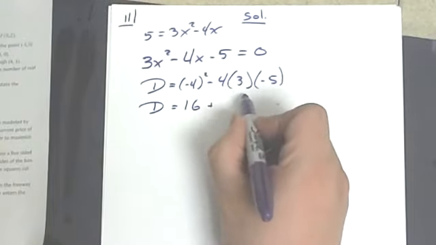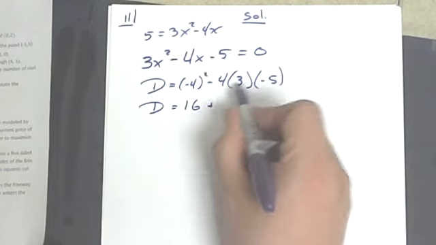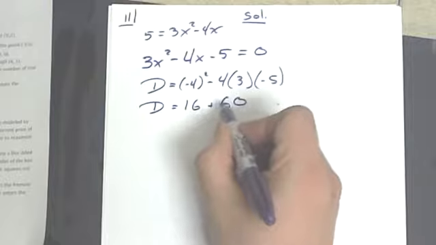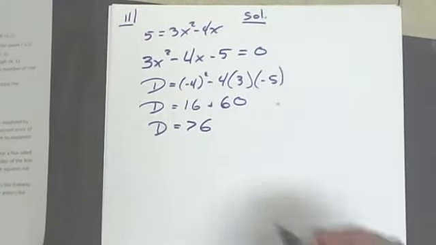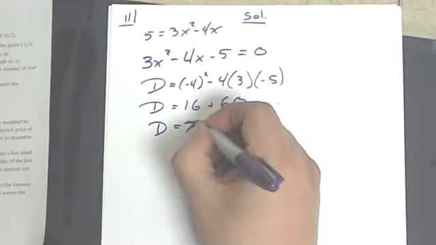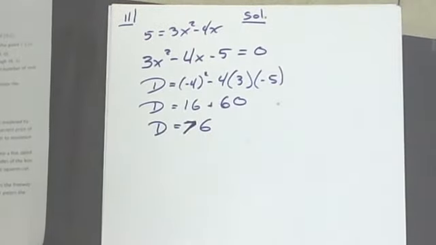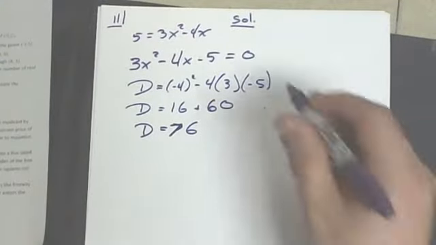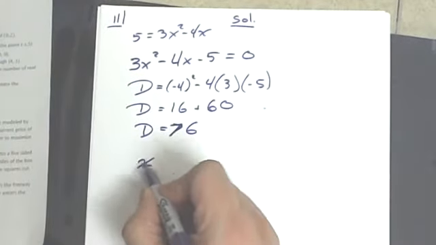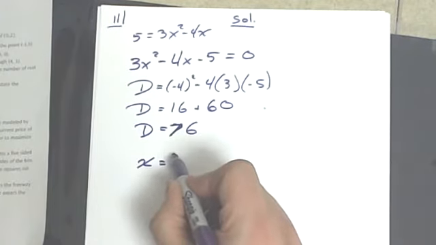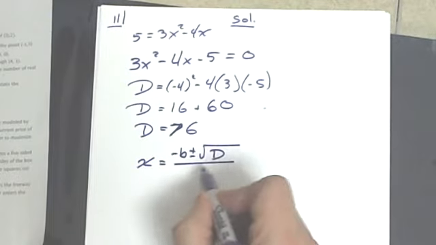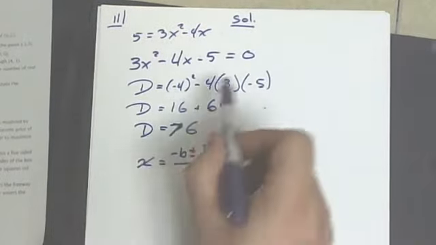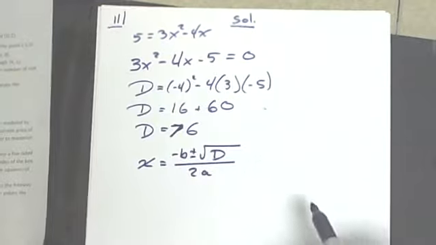So what, 16 plus 12 times 5 is what, 60? So the discriminant is 76. So we'll have 2 real solutions to this. And now we can go find them. People often complain that they wasted all this time on something they have to do anyway. But the nice thing is you can actually simplify the quadratic formula to negative b plus or minus the square root of the discriminant over 2 times a, because that's what we found here, the part under the radical.